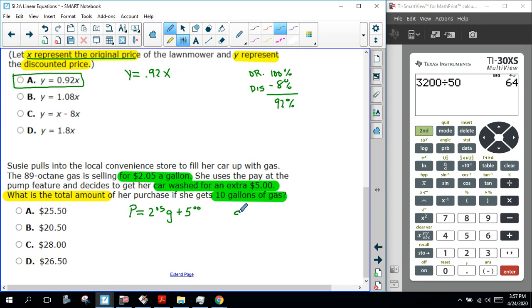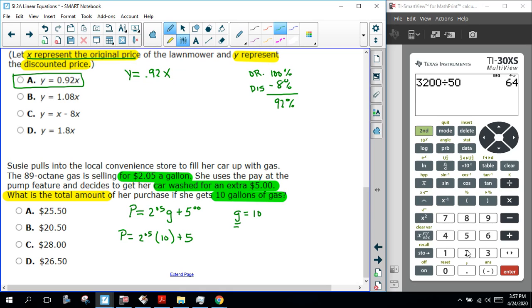And we know the number of gallons that she's getting. So G, the gallons, is 10. Well, that's just simply plugging in for G. And then once we do that, we are going to find the value or the price that she's going to pay overall. So 2.05 times 10 plus 5, and that could be a calculator activity.